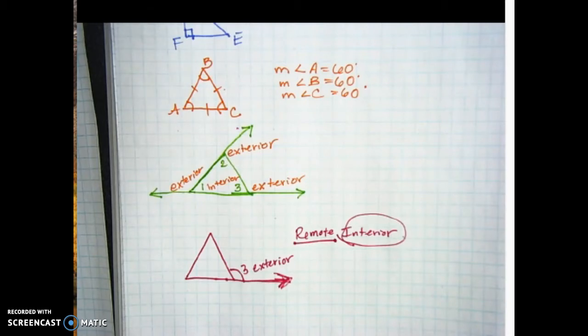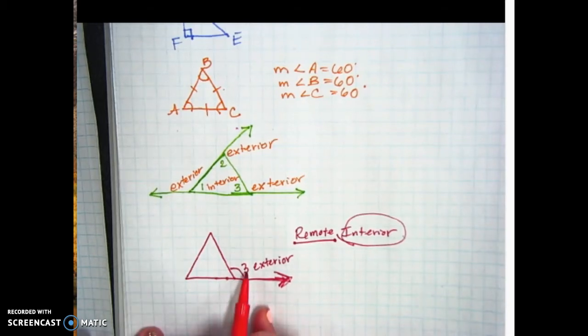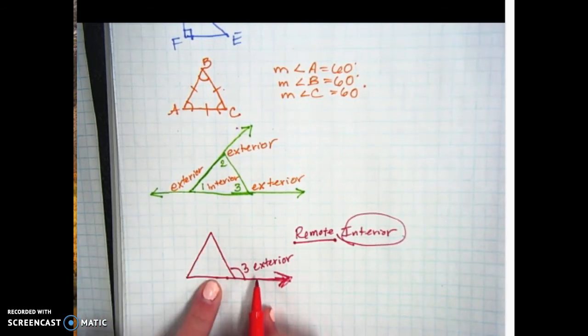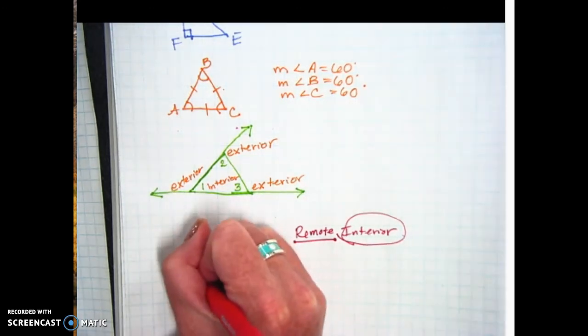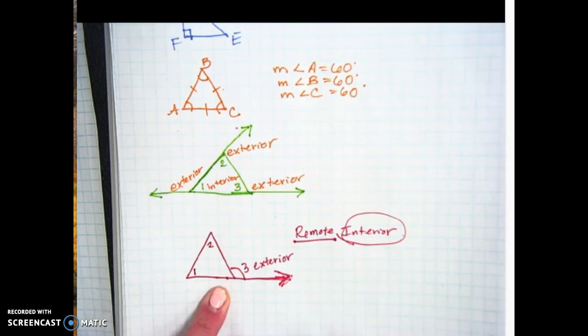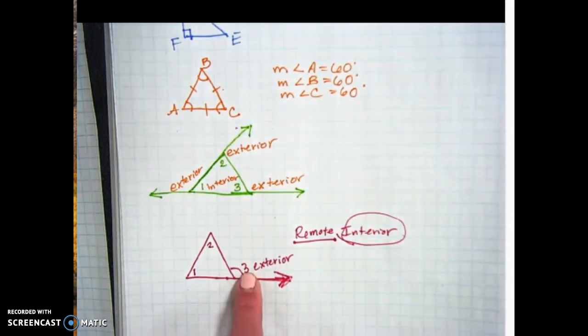Separate, or what we call far away. So if this is the exterior angle and these are all interior angles, which two interior angles are far away? The two that are over here. So we'll number them 1 and 2. Okay, see how they're not right next to the one that's exterior?